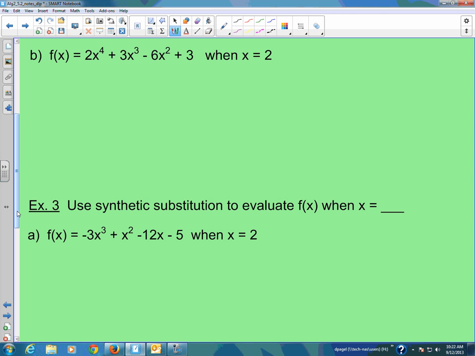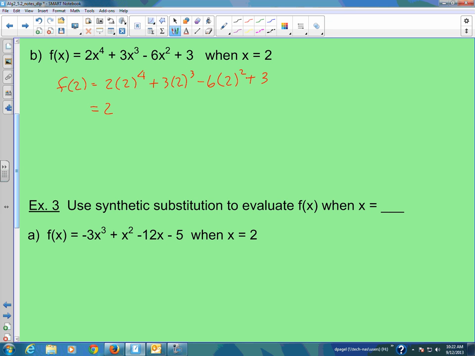All right, if we were doing direct substitution on this one, again, I'm plugging that 2 in. Just have to remember that you're following the order of operations when you do these problems. Be careful specifically when you have a negative hanging out in front of a variable, and you have to ask yourself, is that negative being raised to the power or not?